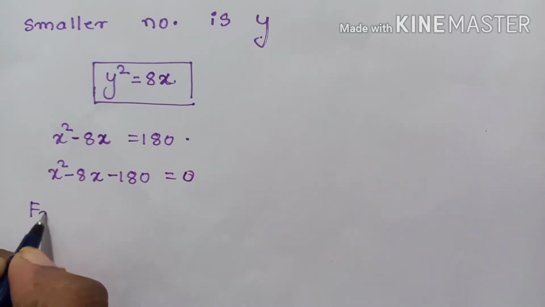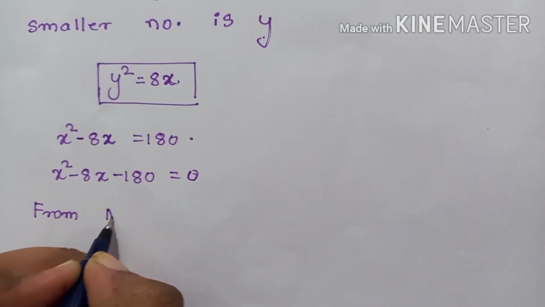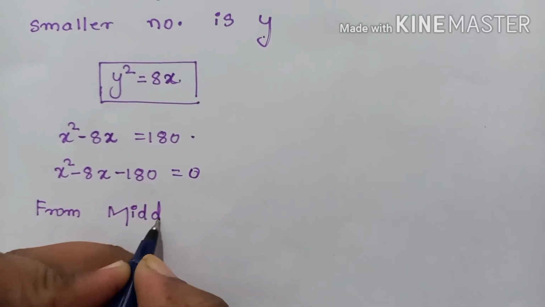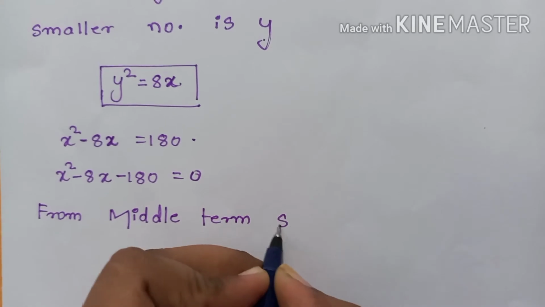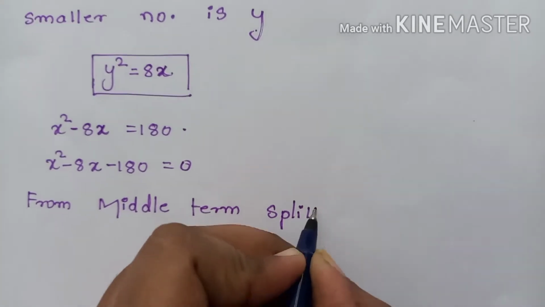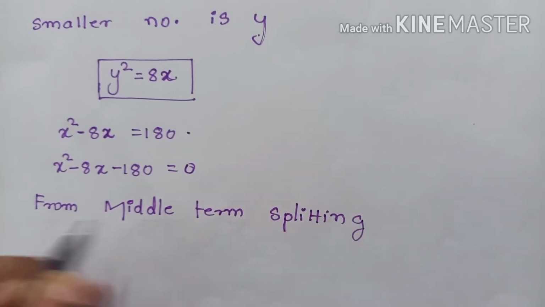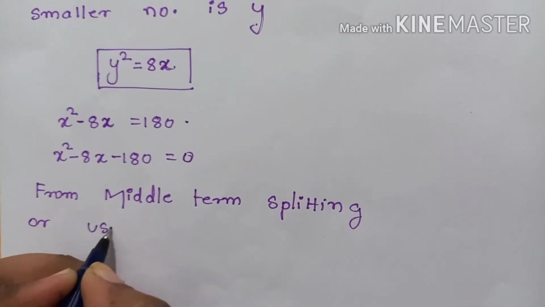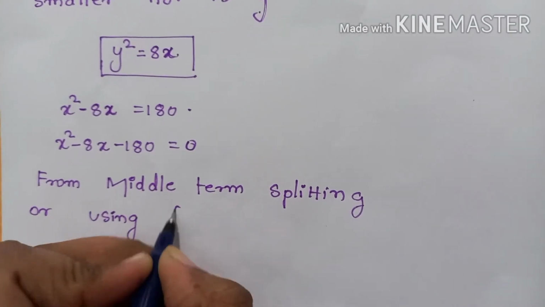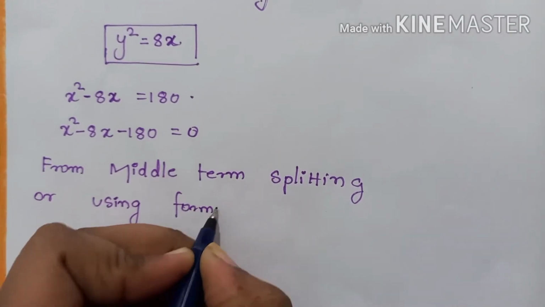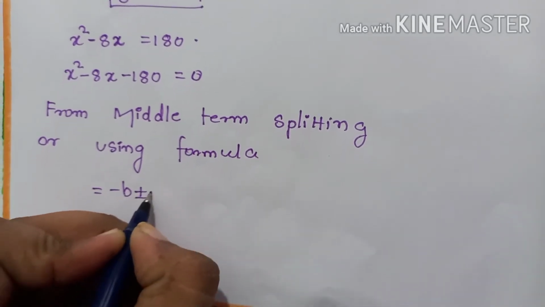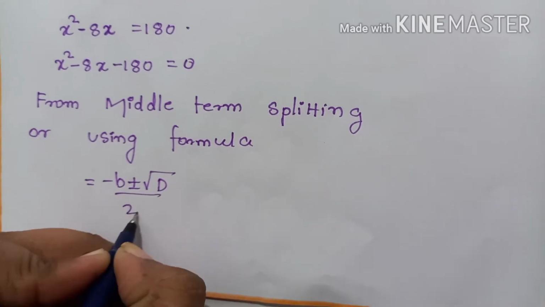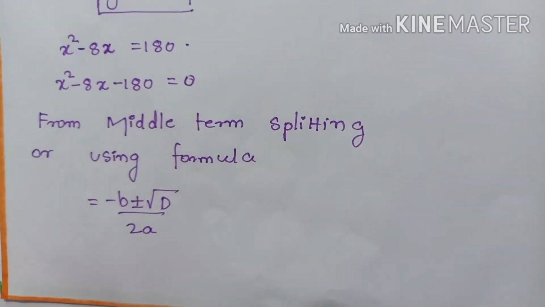From middle term splitting or using the formula minus b plus or minus under root D by 2a, we need to find the roots of this equation.